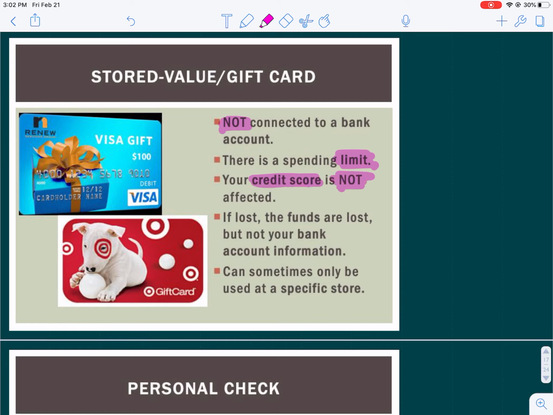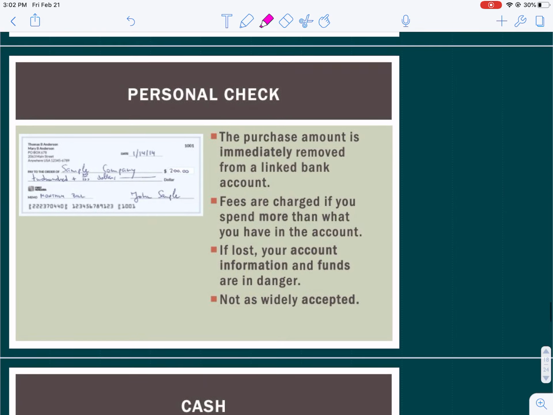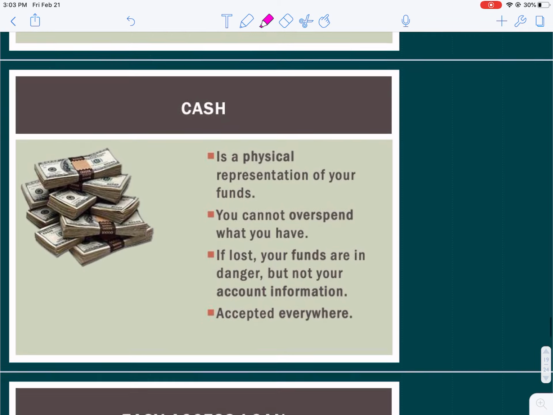If lost, the funds are lost, but not your bank account information. Can sometimes only be used at a specific store. Personal check: the purchase amount is immediately removed from a linked bank account. Fees are charged if you spend more than what you have in your account. If lost, your account information and funds are in danger, not as widely accepted.